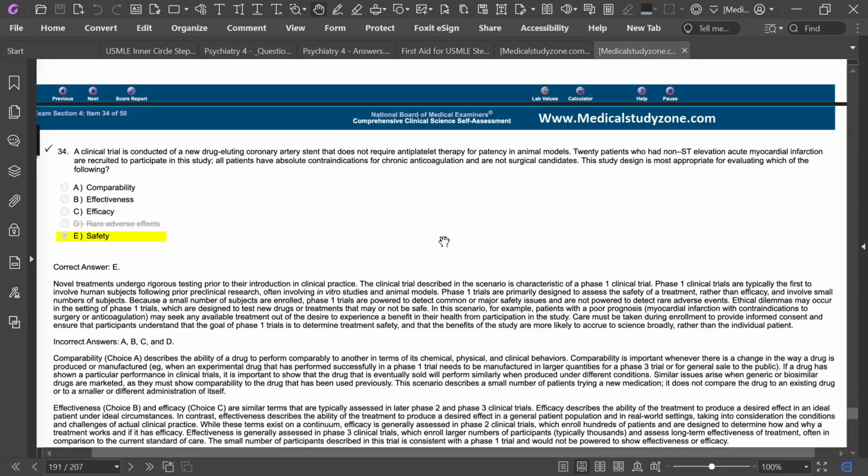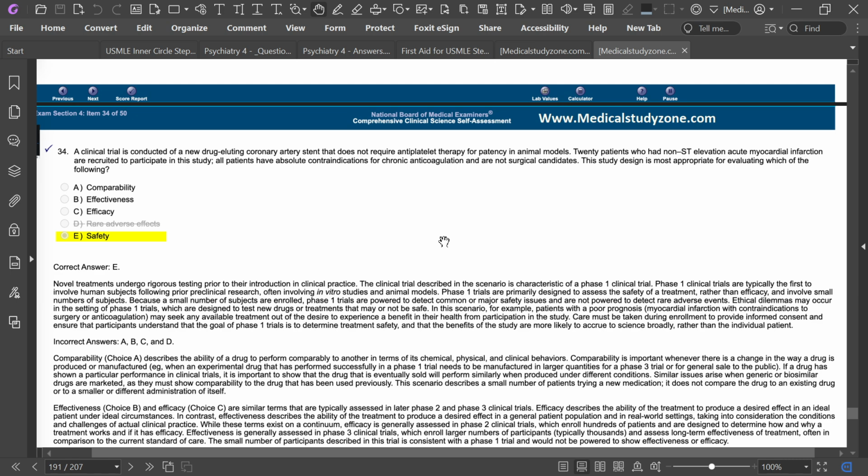Phase 1 clinical trials are typically the first to involve human subjects, following preclinical research, often involving in vitro studies and animal models.